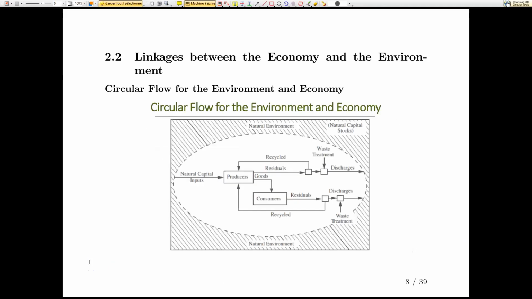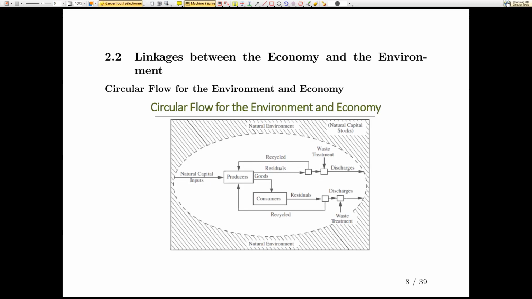All right. So this is the circular flow of the economy. I'm not going to ask you to remember this by heart and draw the drawing perfectly at the exam. This is just because some people have more of a visual way of learning. So you can think of this as the whole environment, and we get natural capital from that. It's used by producers to produce goods and services for consumers, but it creates residuals which can be recycled, or if they can't be recycled, then they are treated in waste treatment and discharged in the environment.